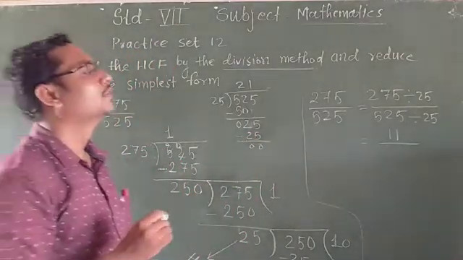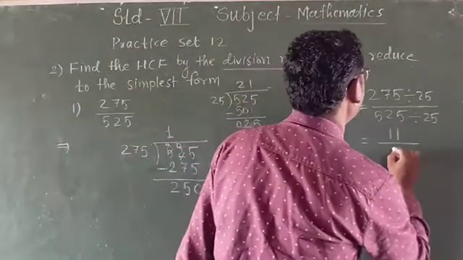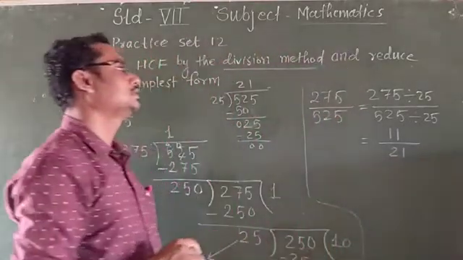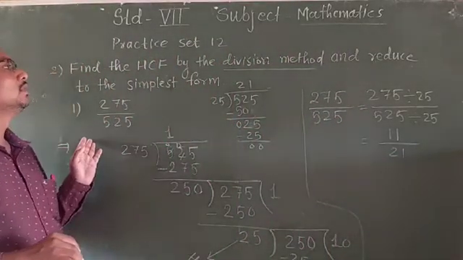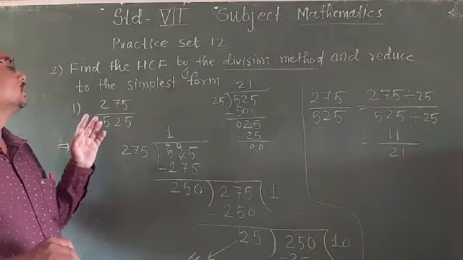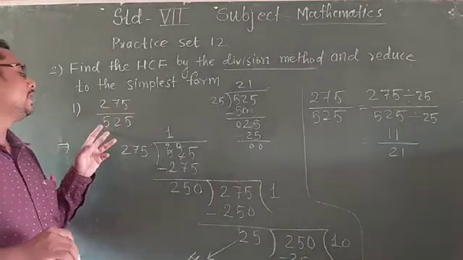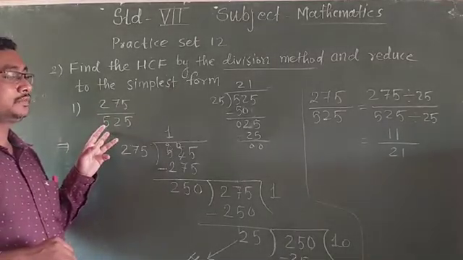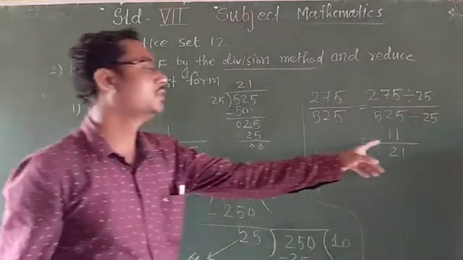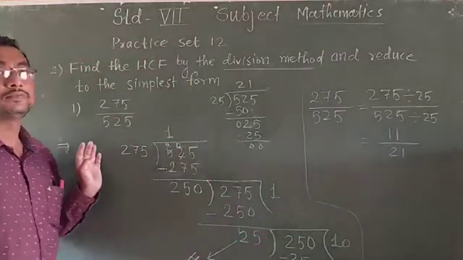So after dividing we get 21. This is the simplest form of the given ratio 275 by 525: 11 upon 21.